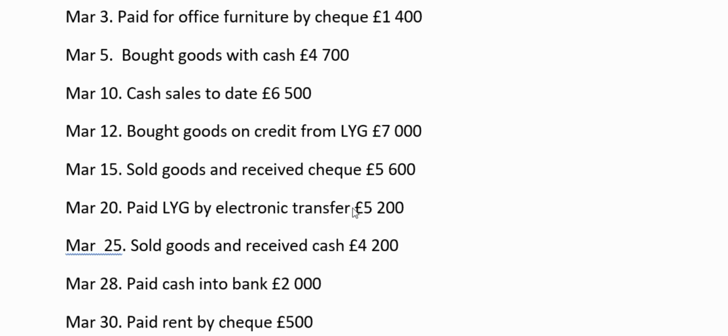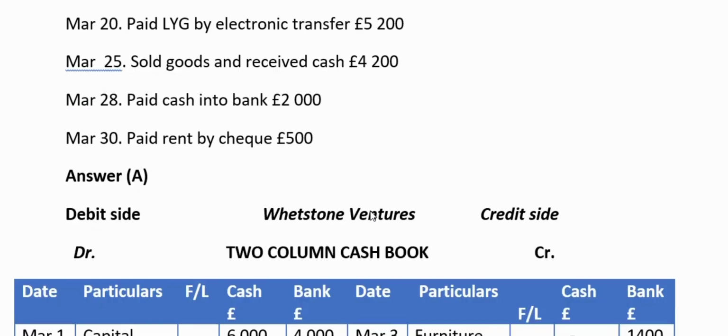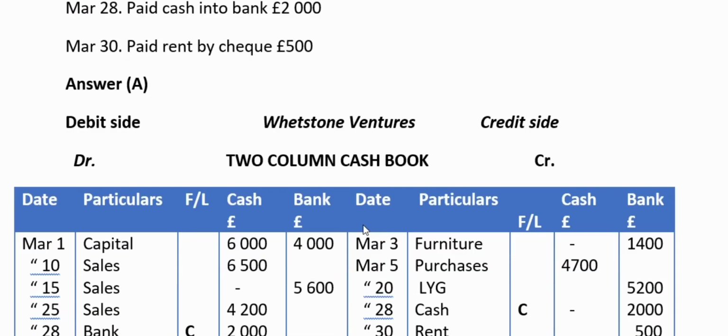In this case, not all the money was paid. 5,200 was paid to LYG. So money is going out from Whetstone Ventures to LYG, and so we go to March 20th on the credit side, which is the right hand side.